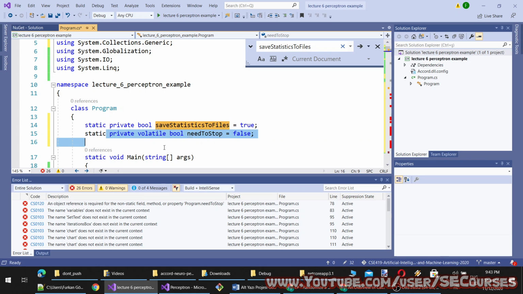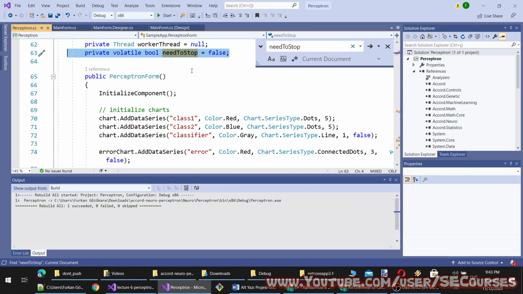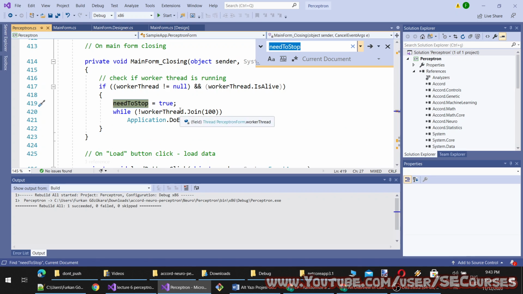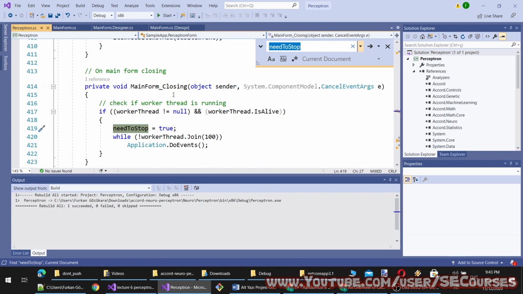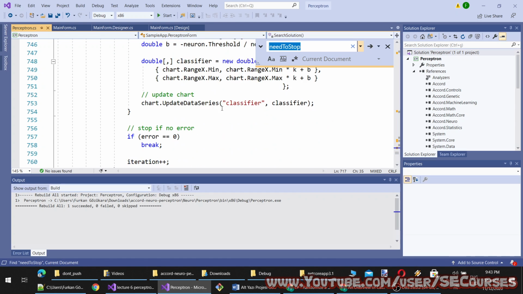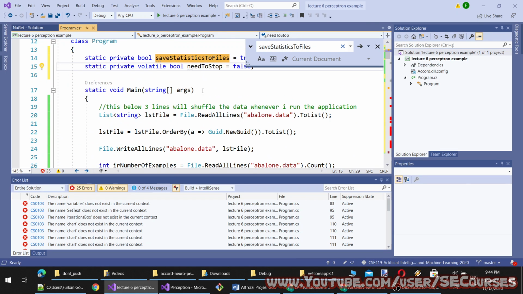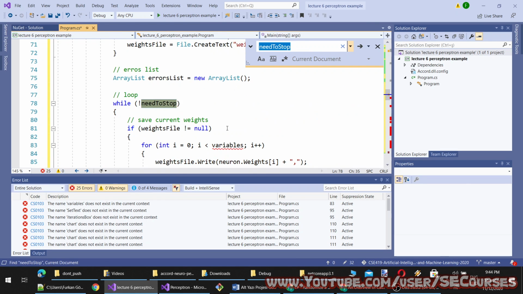I'm going to make it private. Okay, let's see when it is used. Oh, by the way, they have set need to stop themselves, so we needed to change it ourselves.